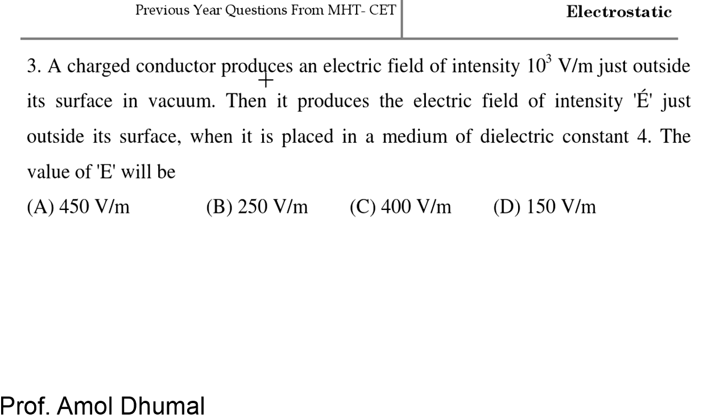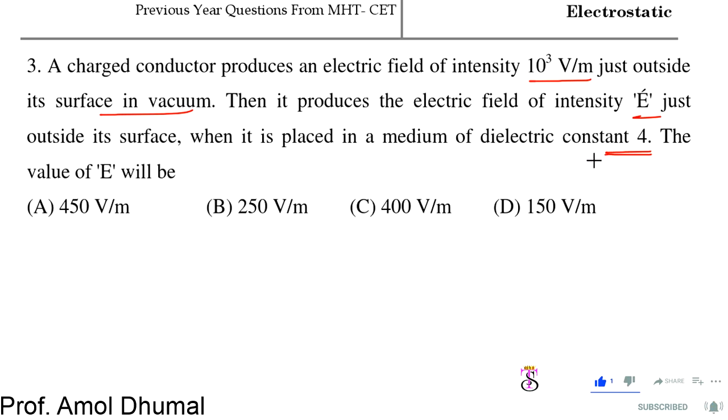A charged conductor produces an electric field of intensity 10 cube volt per meter just outside its surface in vacuum. Then it produces an electric field of intensity E just outside its surface when it is placed in a medium of dielectric constant 4.